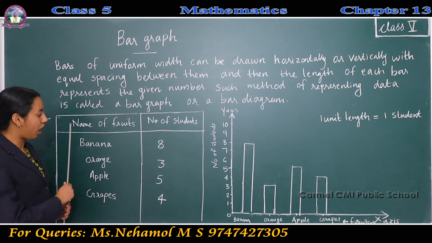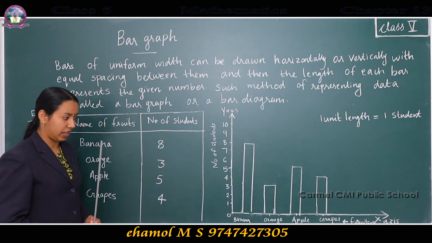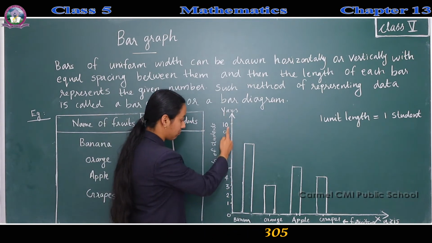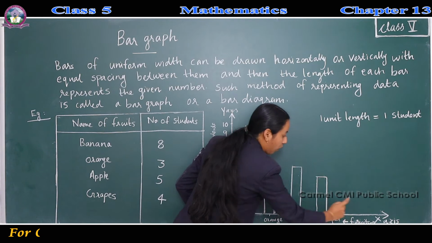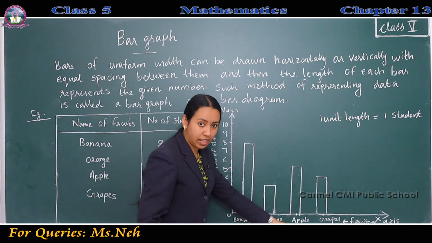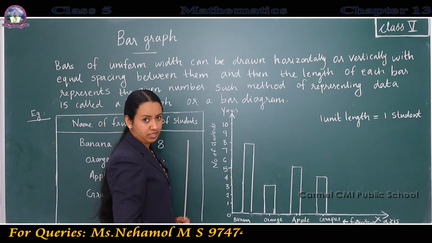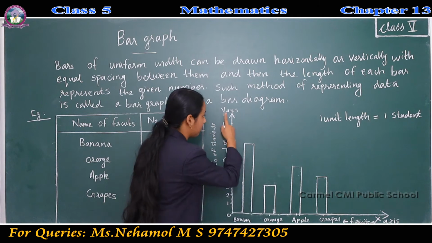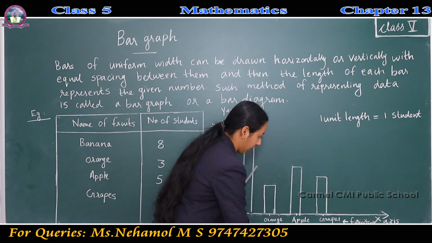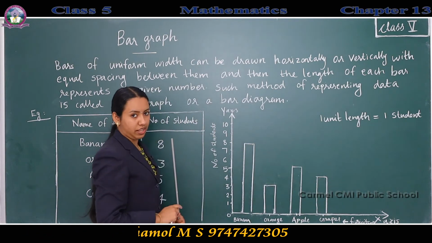Now let us see how to represent this data in a bar diagram. This is a bar graph. There are 2 lines, one vertical line and one horizontal line. The horizontal line is known as the x-axis and the vertical line is known as the y-axis. Here we take fruits along the x-axis and number of students along the y-axis.